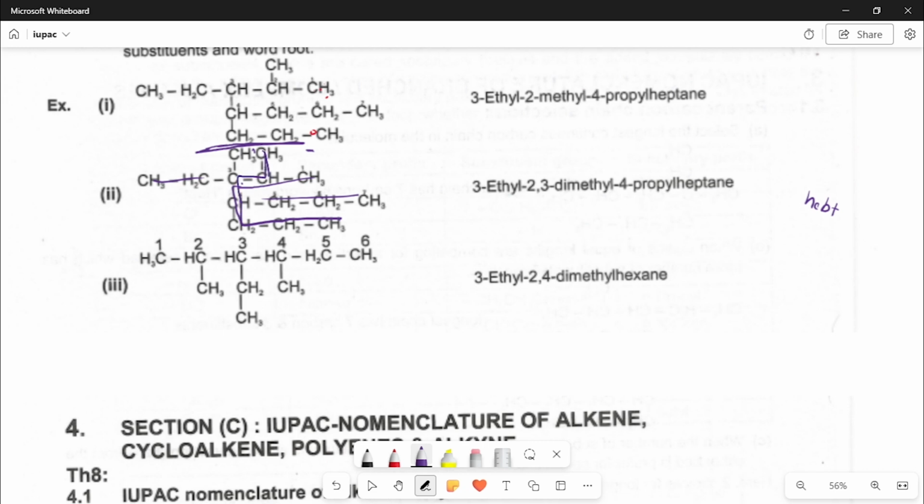From this one too we are getting 4 substituents, so you can consider either of them. The word root won't change, it would be exactly the same. Even if you count from here, the substituent would be at 2. So the lowest set of locants is also decided: it would be 2, meaning from the top.